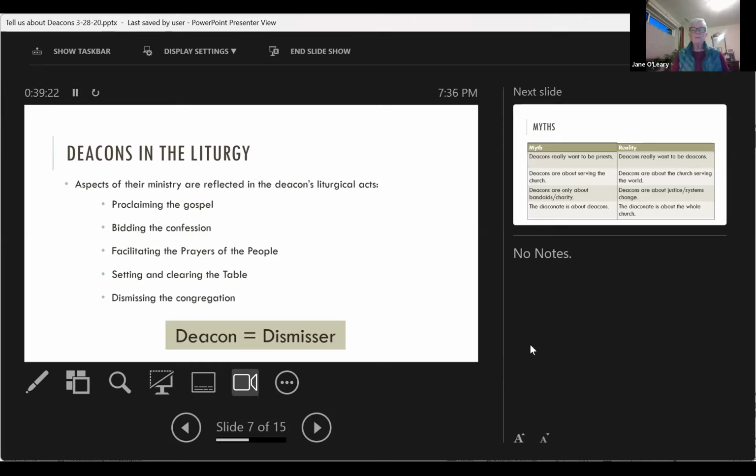And I think that's a really important symbol. The deacon stands at the boundary between the church and the world. And in the liturgy, I think our symbolic place is outside, at the boundary between the congregation and the altar.